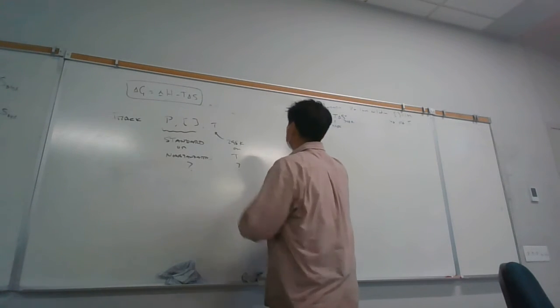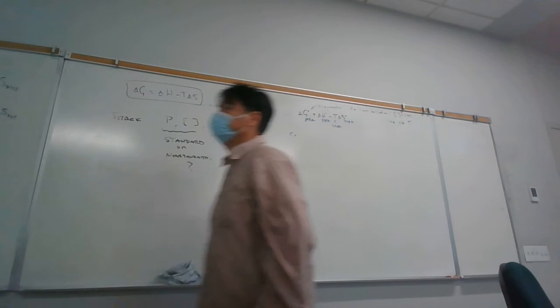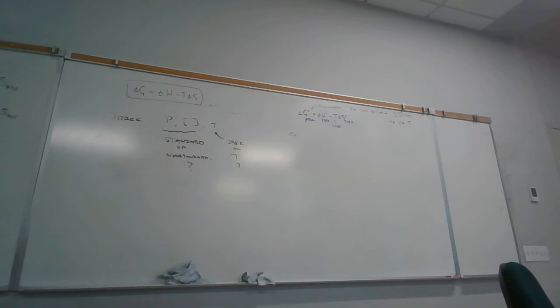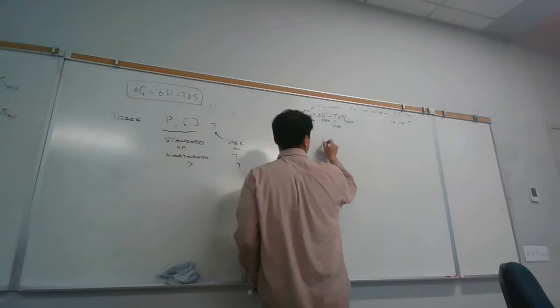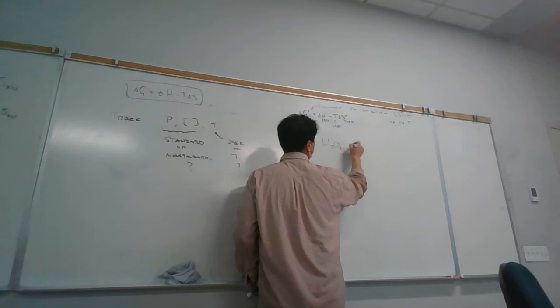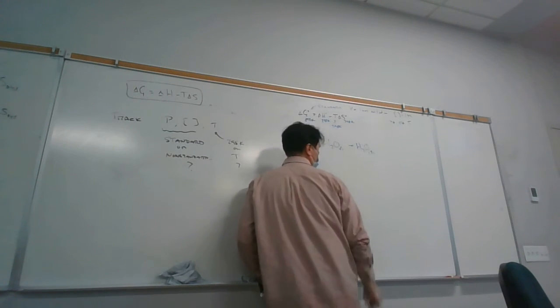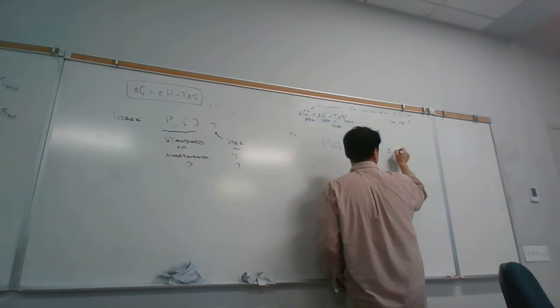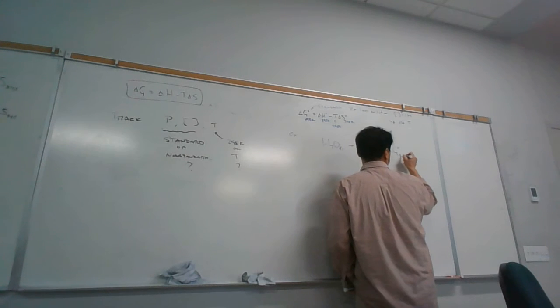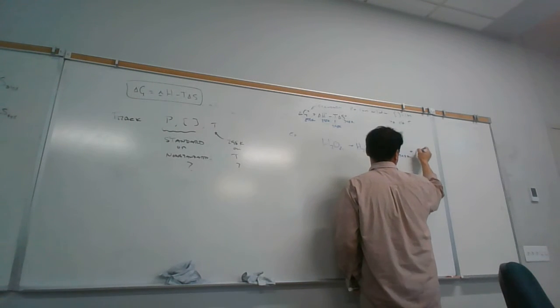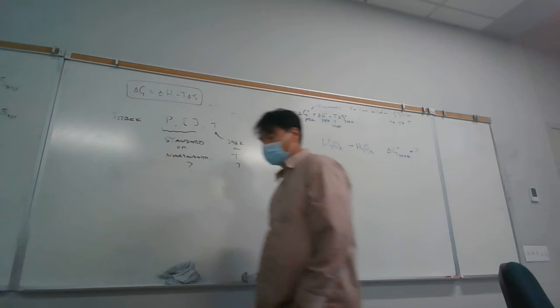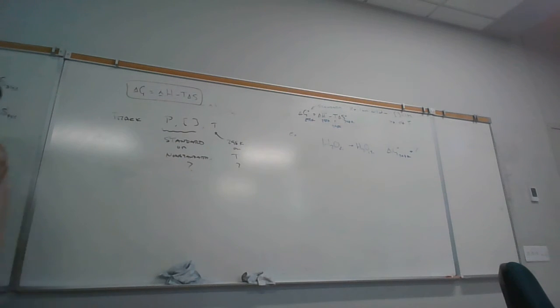So the example we're going to look at is a process that is H2O liquid goes to H2O gas. We want to know what delta G under standard conditions at 298 Kelvin is for this.